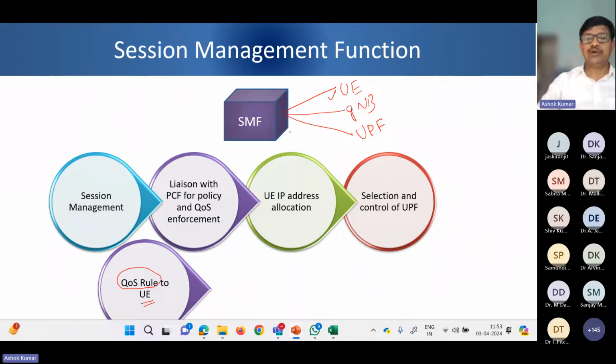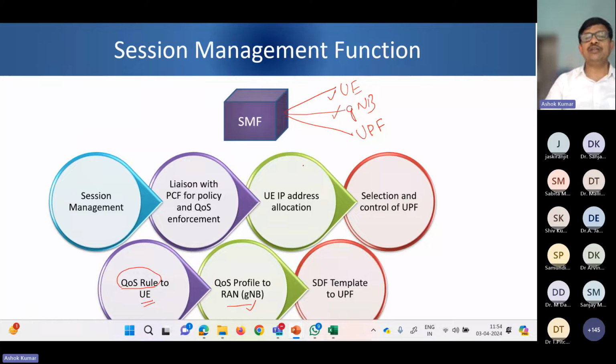Then it provides the QoS profile to the gNodeB. And to the UPF it provides what we call the SDF template. SDF is service data flow template. This is nothing but filtering aspects.